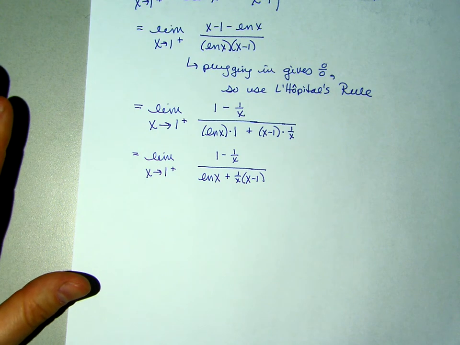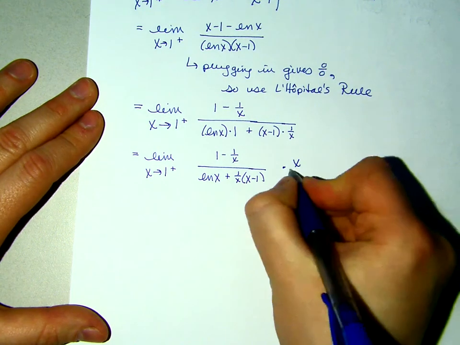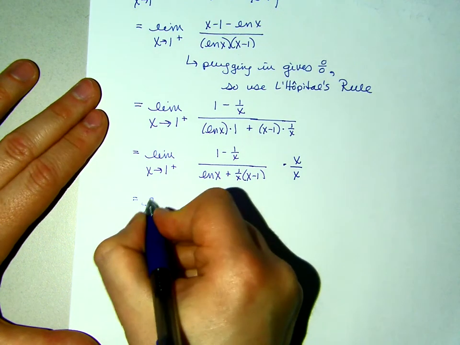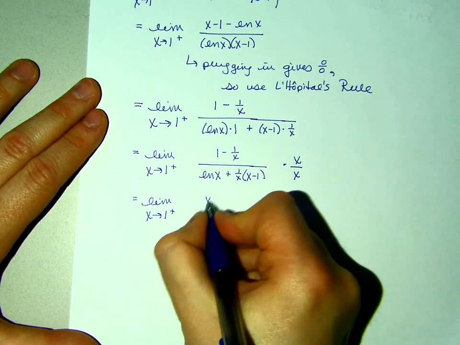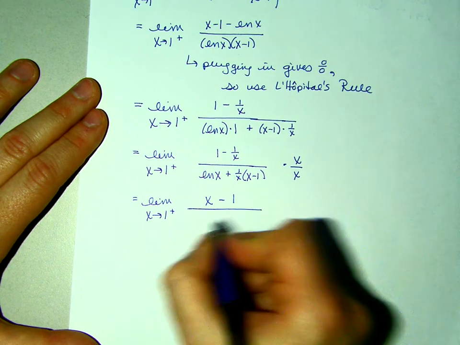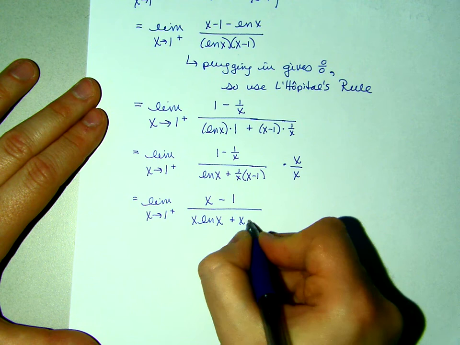Let's get rid of our fractions inside fractions. Let's multiply this thing by x over x. So we're going to get the limit as x approaches 1 from the right of x minus 1 over x times the natural log of x plus x minus 1.